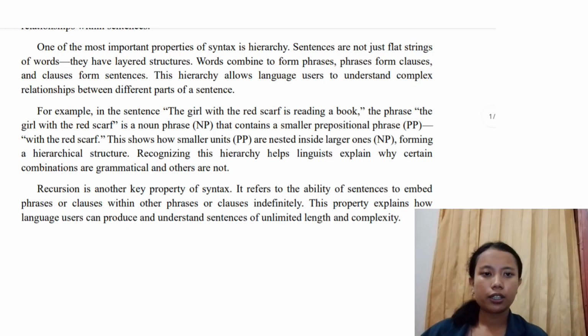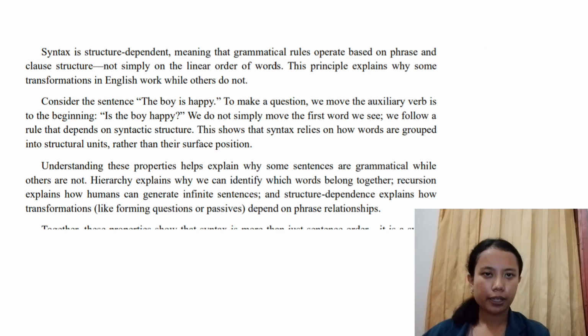And the next one is recursion, which means we can put one clause inside another. For example, "I think that she knows that he left." And this shows that language can create an unlimited number of sentences. And the last one is structure dependence, which means that grammatical rules depend on sentence structure, not just word order.